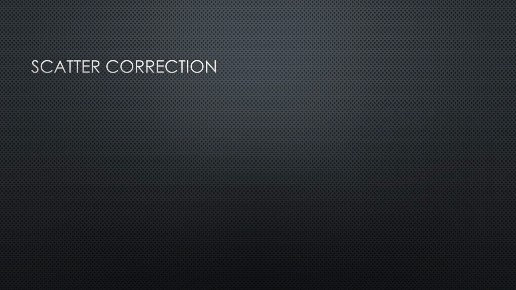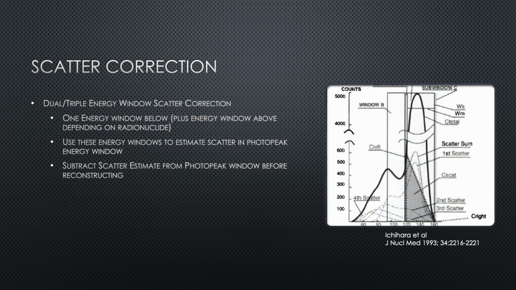And what about scatter correction? Well, scatter correction can be performed in one of three ways. The first, probably the most common, is to use this dual or triple energy window scatter correction approach. So we have our normal energy window that we would have over the photo peak, for example, at 140 keV for technetium. And we also add a separate scatter window. In this image on the right, this is our photo peak window.